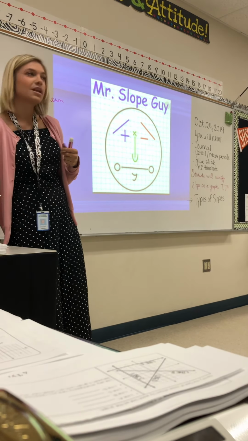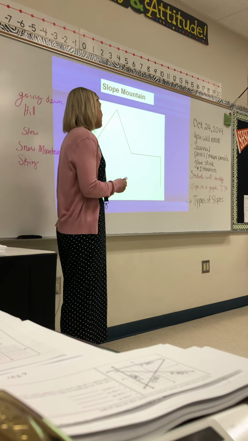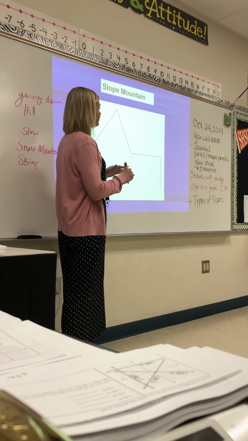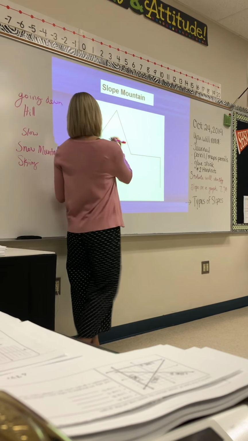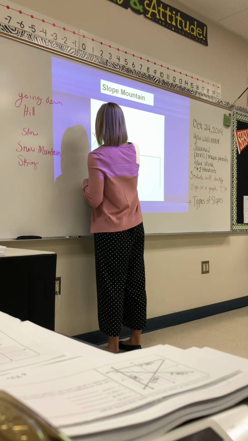Another way we can look at this is we have a mountain. I know a lot of people said skiing, a snow mountain, to help when they thought of slope. So when we're going up the mountain we're gaining altitude. So we're going up and it's going to be positive. Negative.